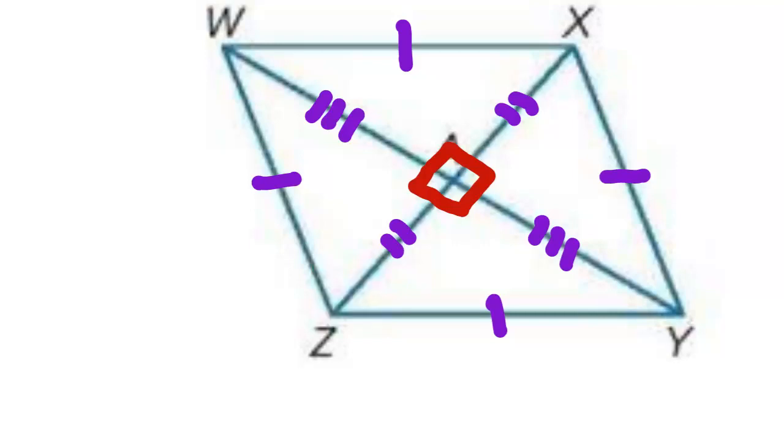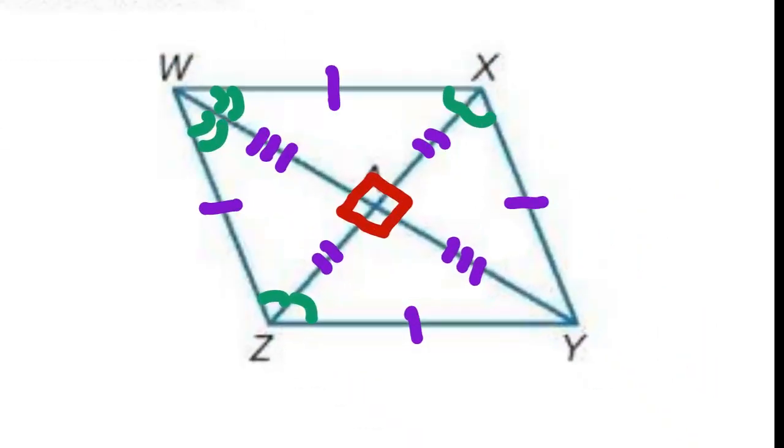It's bisecting it. So here, the 2 halves of Z are congruent, and they would also be congruent to the 2 halves of X. The 2 halves of angle W are congruent to each other, and they would be congruent to the 2 halves of angle Y.